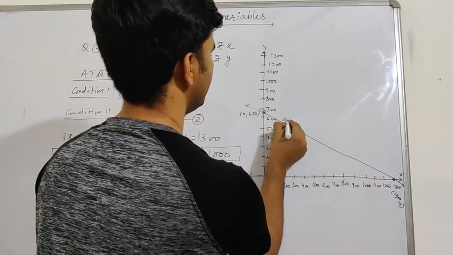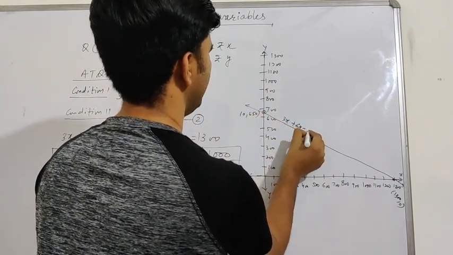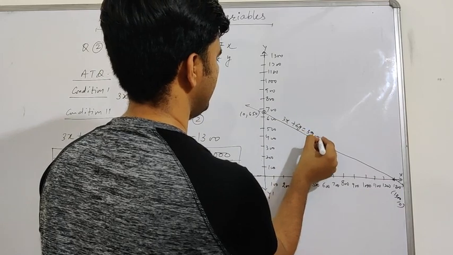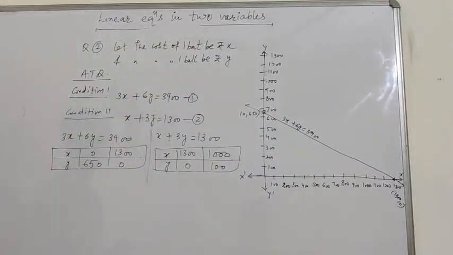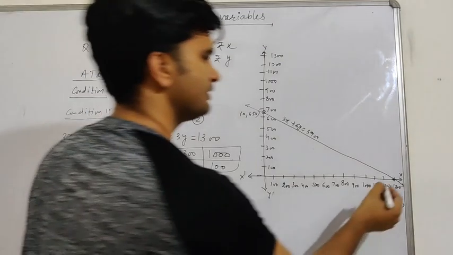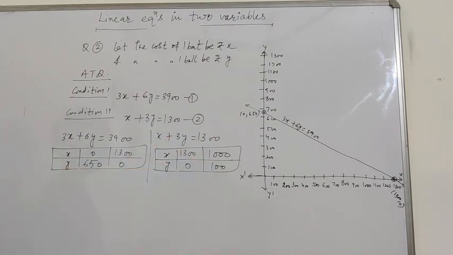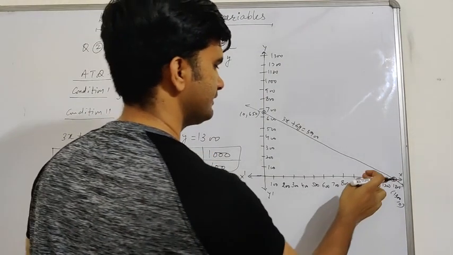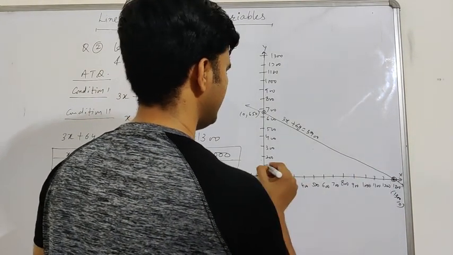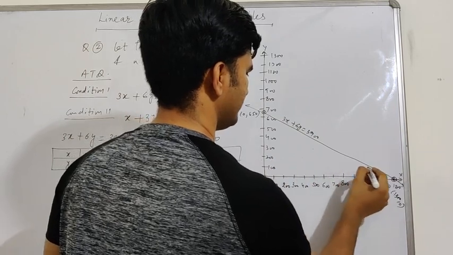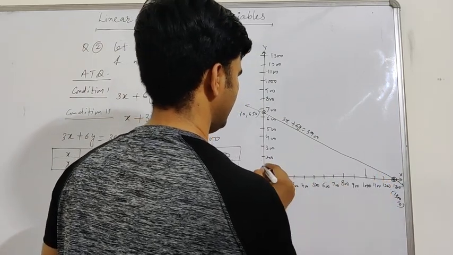First equation, 3x plus 6y is equal to 3900. Then the next is x is 1300 and y is 0, the same point here. Then x is 1000 and y is 100.